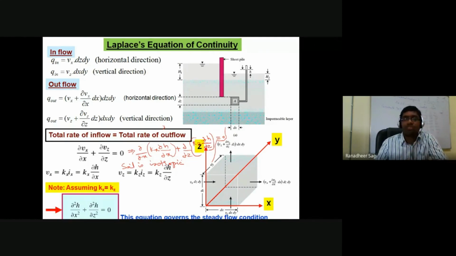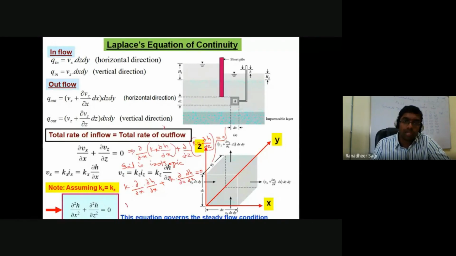So from variable separable in mathematics, what I'll be getting there is simply k into dou by dou x of dou h by dou x plus k into dou by dou z of dou h by dou z, and this should be equal to 0.